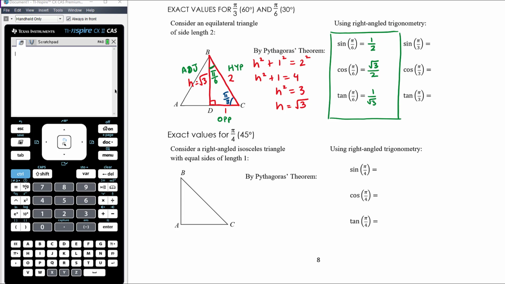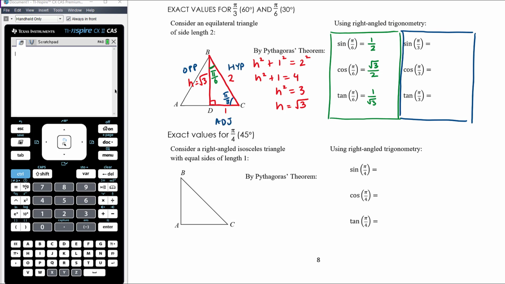Now let's think about sine, cos, and tan of pi on 3. If we're interested in pi on 3, the blue angle, this length over here becomes the opposite, this length becomes the adjacent, and this is still the hypotenuse.